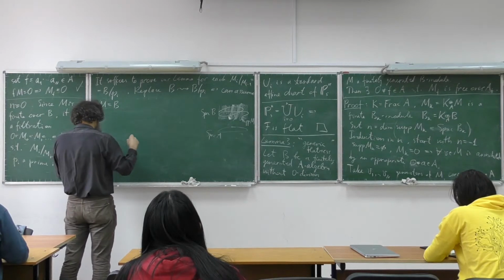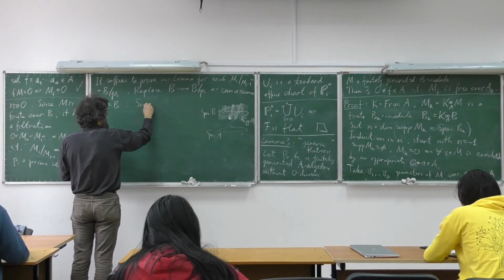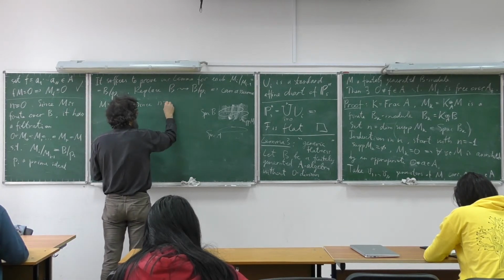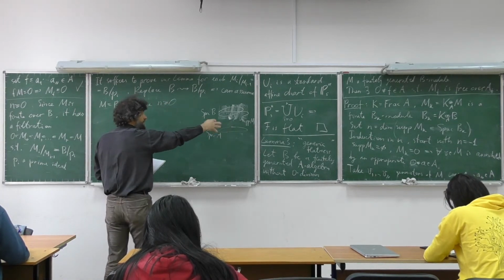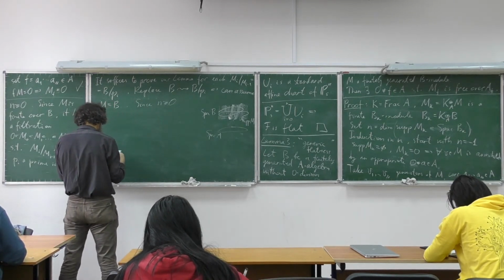So we know that N, the dimension of support generically, is at least 0.